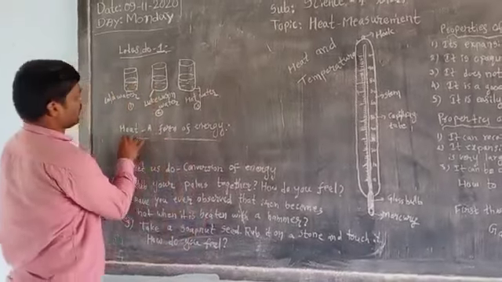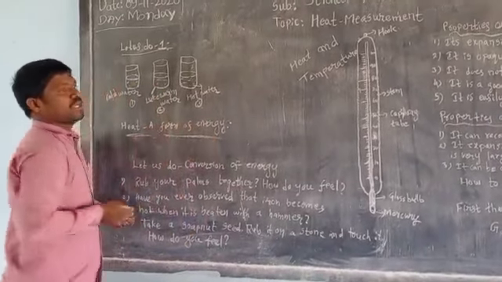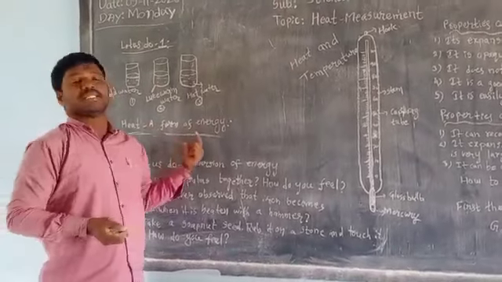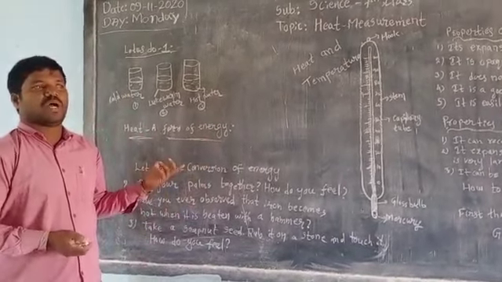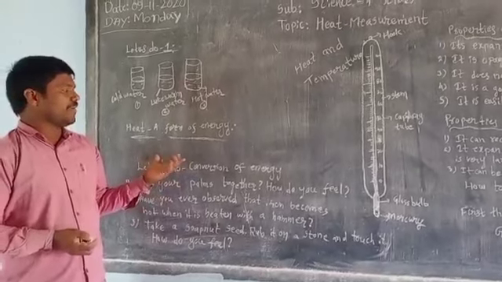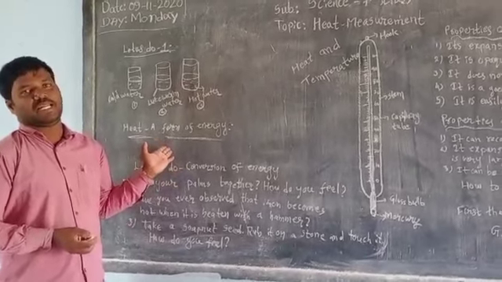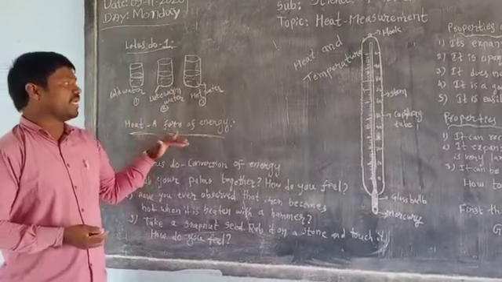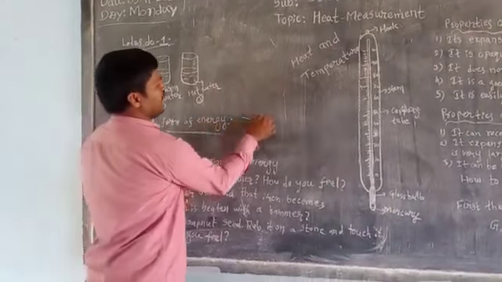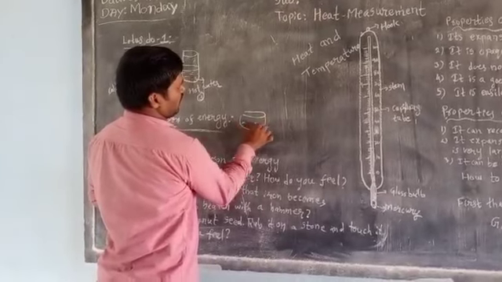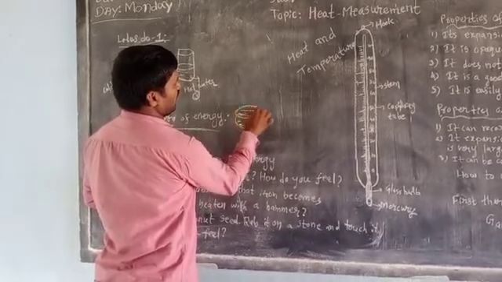Here is the best example of heat as a form of energy. Suppose in your kitchen your mother is cooking rice. When she is cooking the rice, after some time what will happen? You are already giving the fire energy, so the water will boil. On that vessel, in which rice is preparing, one lid is there.